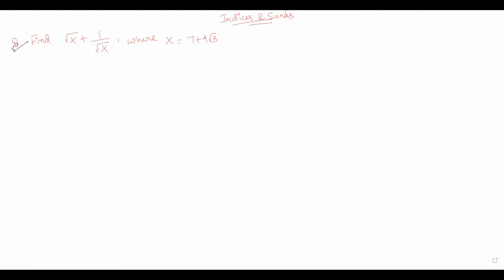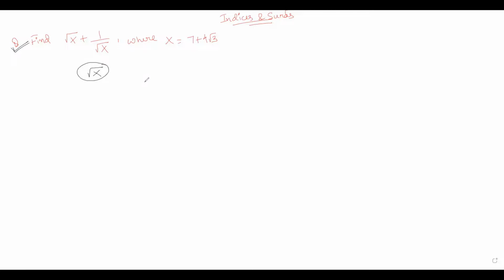Now, let us see this question. We need to find the value of root x plus 1 upon root x, where x is a surd, which is equal to 7 plus 4 root 3. So to find the value of root x plus 1 upon root x, first we need to find the square root of x.